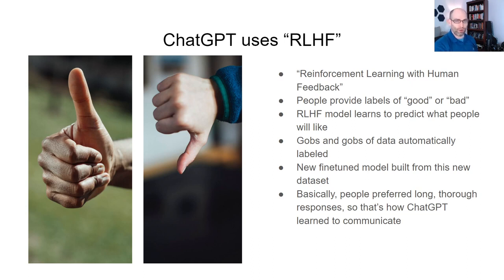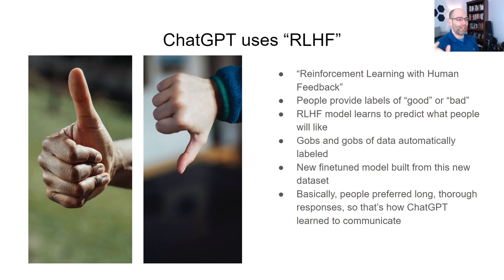And people say yes or no, good or bad. And the RLHF model then learns to predict what people will want. And so then once you have a reinforcement learning model that can accurately predict what people will want, it basically just says, will you like this, yes or no? That allows you to then label lots and lots and lots of data automatically, very quickly.